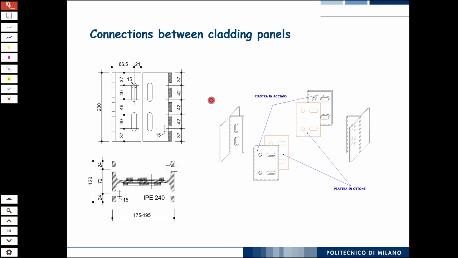Now, another example of testing on connections that we made was this. There was a precast company in northern Italy, in the same region where the earthquake came from, that said, okay, we have the issue of our facade panels. And facade panels, generally, are not connected to each other.